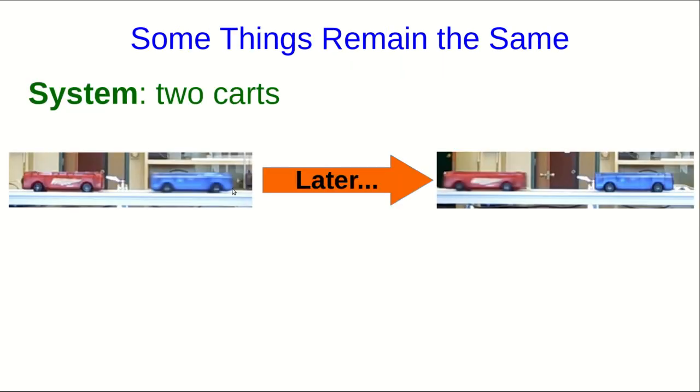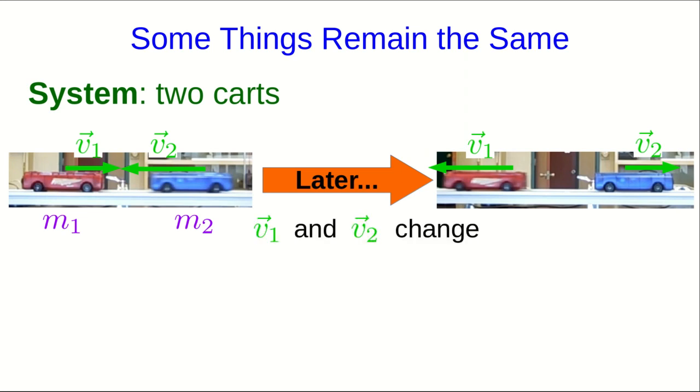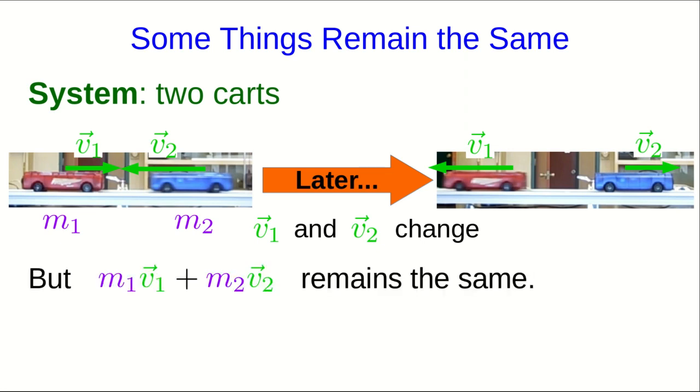So frequently we want to understand and be able to predict changes. For example, when two carts collide, they each have a mass and they each have a velocity, and their velocities change during the collision. If we want to predict those changes, it's often very useful to know that there's a funny quantity called the momentum, which doesn't change.